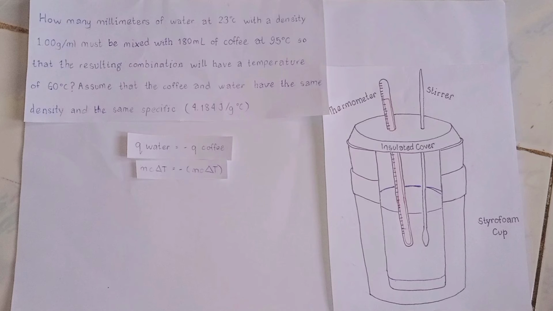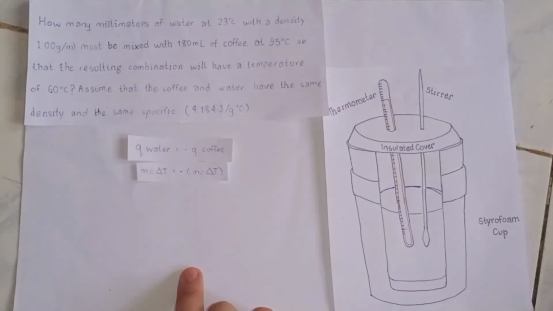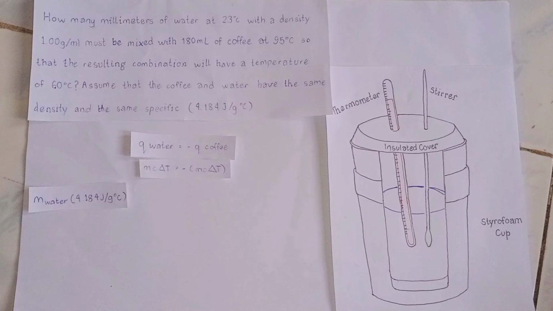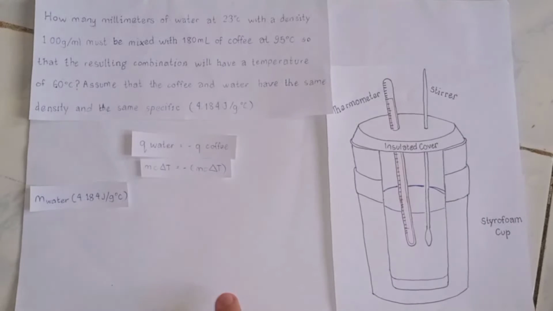We don't know the mass of water. That's what we're trying to solve for. We know the specific heat of water is 4.184 joules per gram degrees Celsius. And we know that the change in temperature of the water is that it ends at 60 and starts at 23.